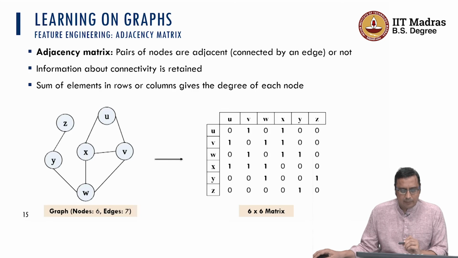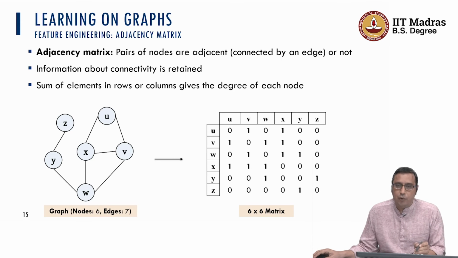Similarly, there is an adjacency matrix. It provides a little more detailed information about interactions, where a pair of nodes are adjacent if they are connected by an edge or not. So for the same node there is no self loop, so 0; with v it is connected, so we have 1; w it is not connected, so 0; then x is connected, 1, 0, 0.